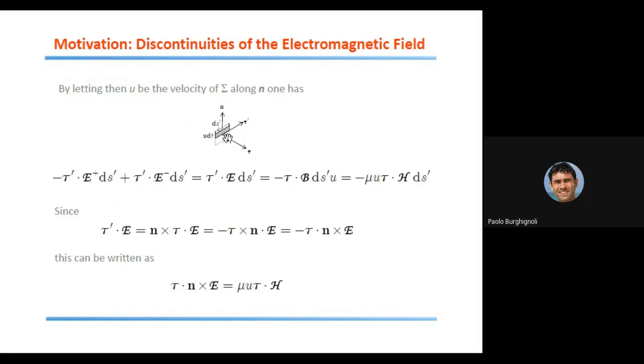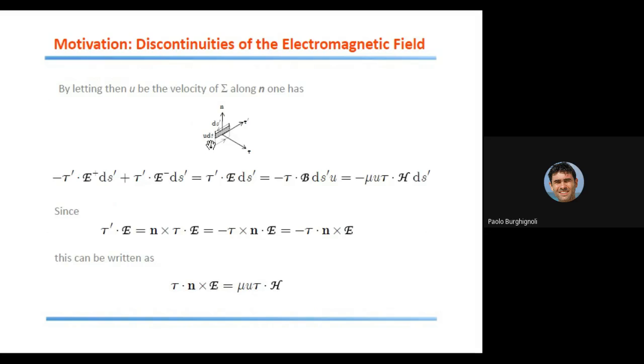So it sweeps this gray shaded area, which gives you an additional contribution to the flux. So the flux of the magnetic induction is increasing. And the increase in this flux is equal to tau dot B times the area of this shaded portion, which is ds prime, the horizontal dimension, times u dt.